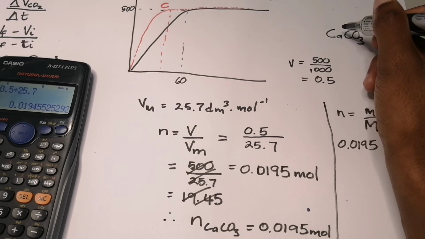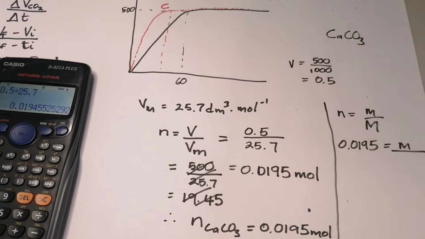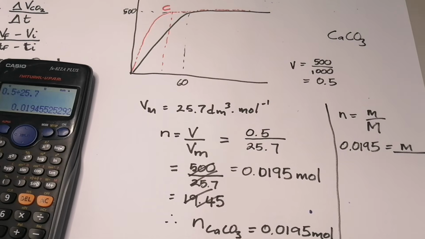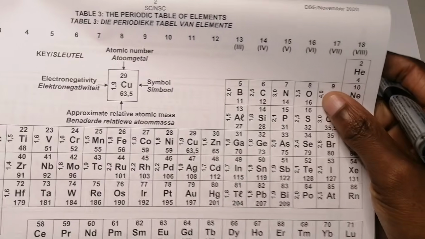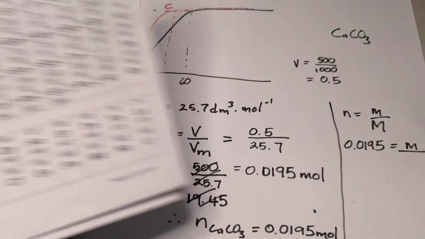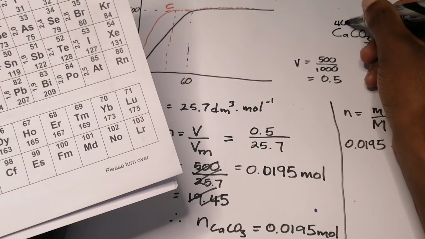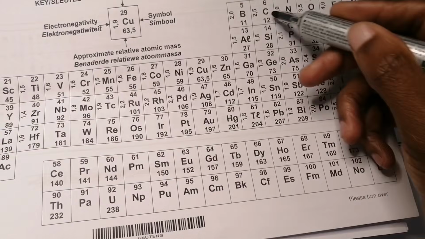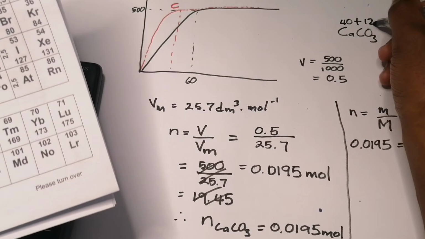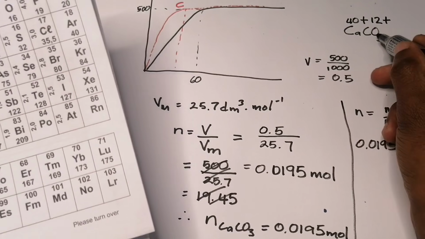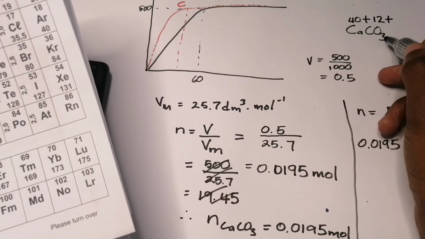If you check in your periodic table, I want you to know how to navigate your way around it. So calcium, there it is. It's got a molar mass of 40. So you've got 40 plus the molar mass for carbon, that's 12, plus the molar mass for oxygen. But how many atoms of oxygen do you have?